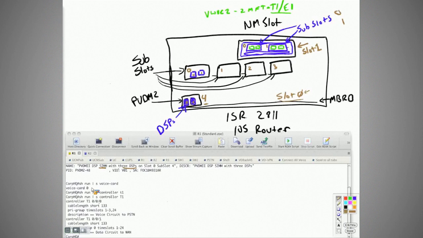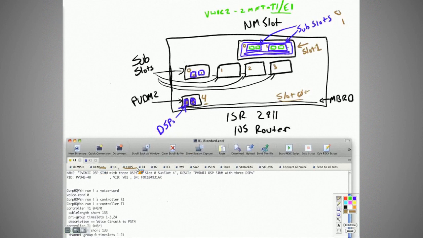So anything that we did to the entire voice card would really be done to any and all of the DSPs on any and all of the SIM slots or subslots within that either network module, if that's what we're talking about, or on the motherboard or wherever. So that's important that we know that we're affecting all of those PVDM2s.